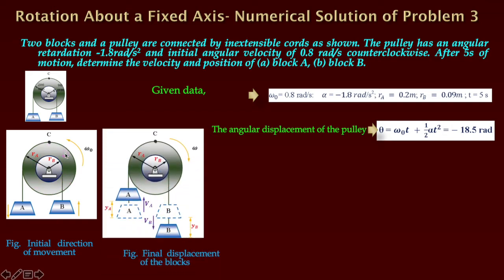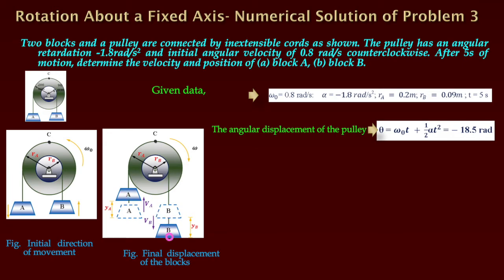Now finally, we don't know exactly in which direction it will go, so let's imagine here it is YA. The initial position of this pulley is this, and finally the position of the block is this.